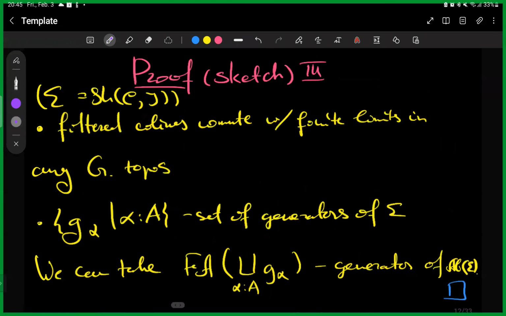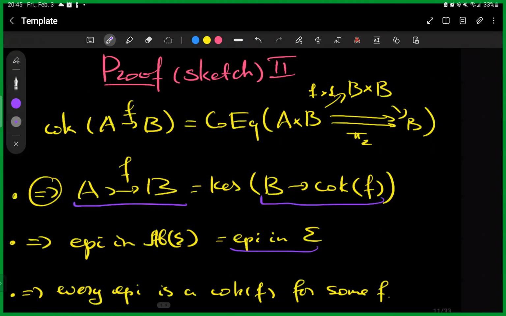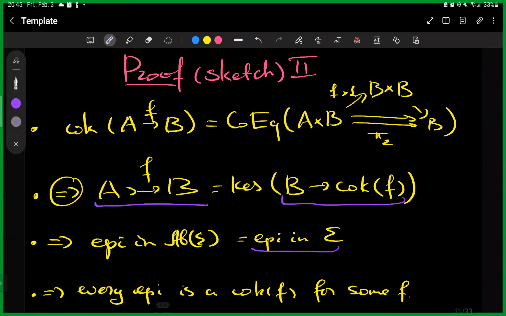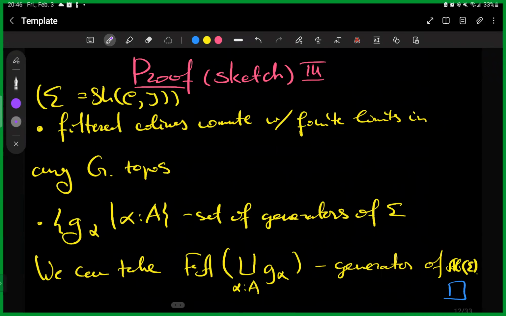Okay, so basically we checked that kernels and co-kernels exist, and hence that our category of abelian group objects is an abelian category. So now assume that we're in a setting where E is not an elementary topos but a Grothendieck topos. Then we know that filtered limits commute with finite limits.